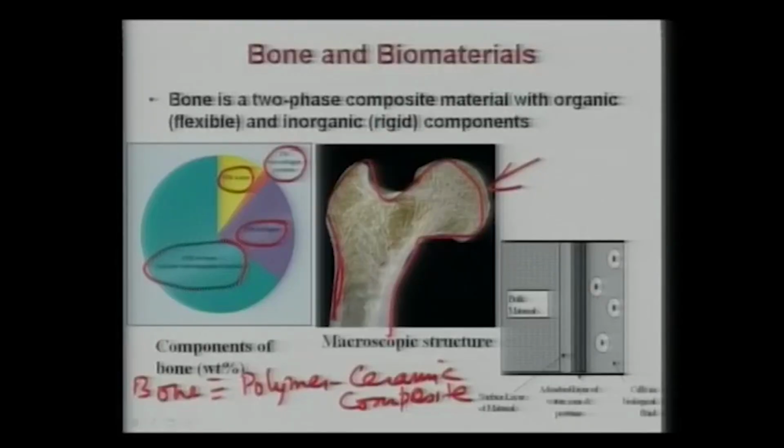Accordingly, some amount of research is being carried out by various research groups on developing polymer ceramic composites to mimic the natural bone composition and natural bone structure. Now, this shows how cell material interaction takes place when you implant a biological material or biomaterial, but this will be discussed in more detail in some of the future slides.